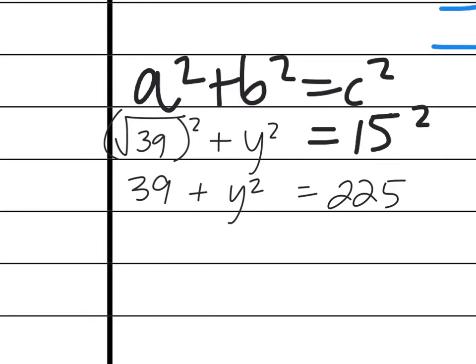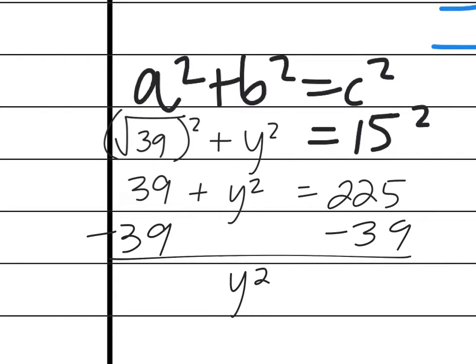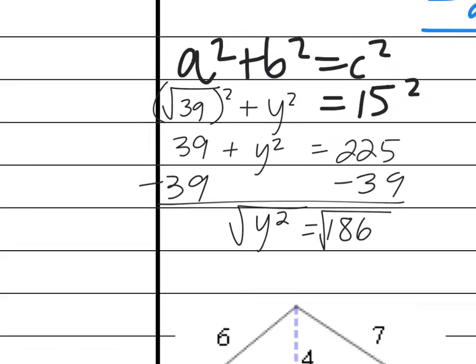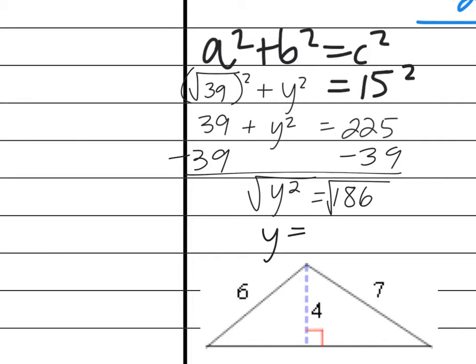Hopefully my subtraction is better this time. Subtract 39. Take the square root of that. 13.64. So round it to the nearest tenth. 13.6. Okay, good.